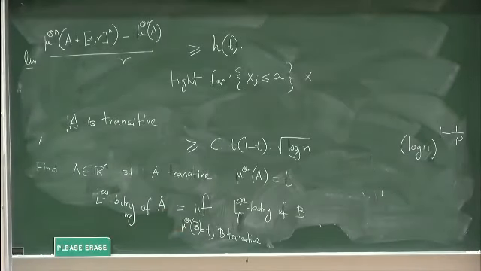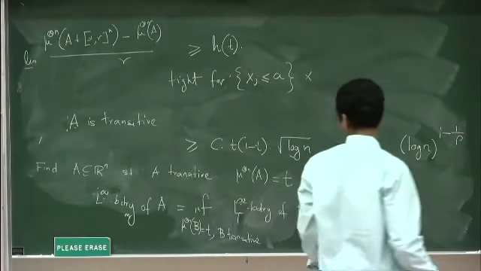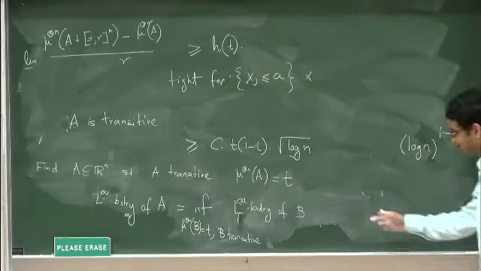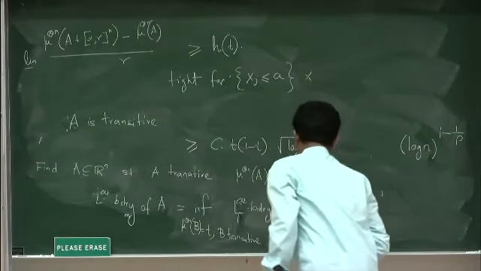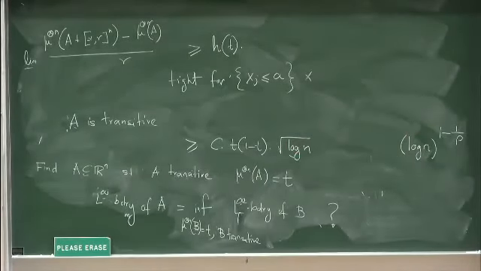So what are those isoperimetric sets for which this happens? We don't know the answer. Okay, I will stop here.